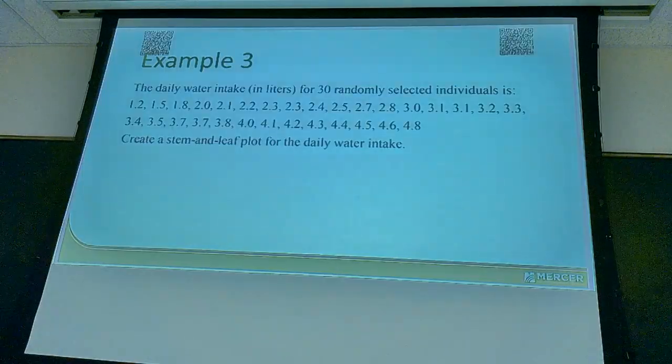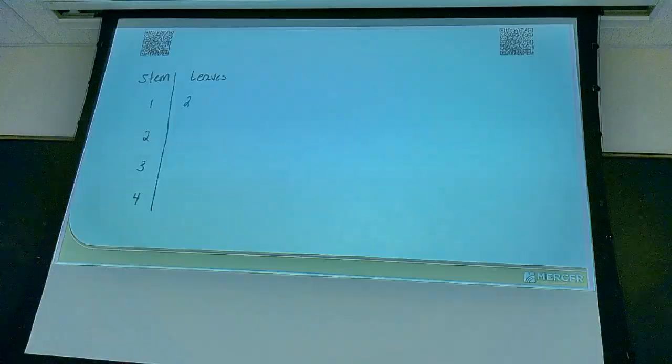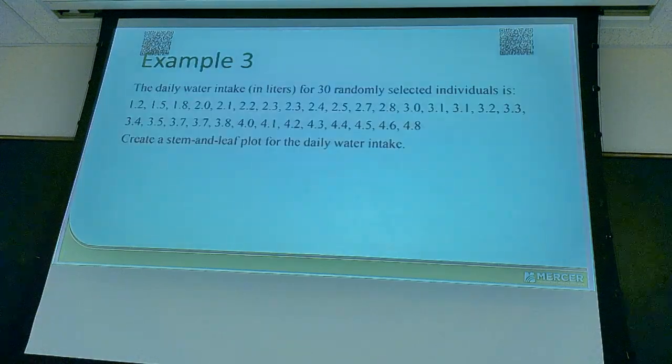Now go down each stem. 1, list out the leaves: 2, 5, 8. 2, list out the leaves: 1, 2, 3, 3, 4, 5, 7, 8. What were they? 1, 2, 3, 3, 4, 5, 7, 8.